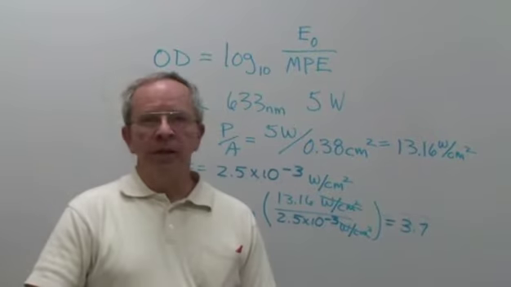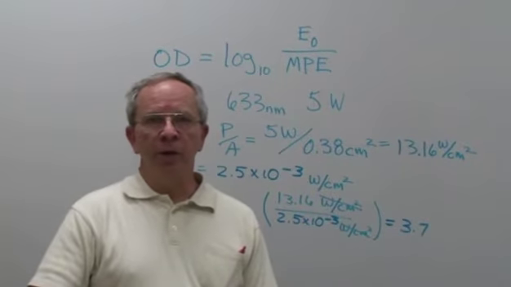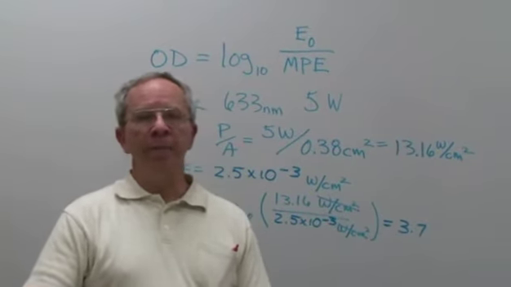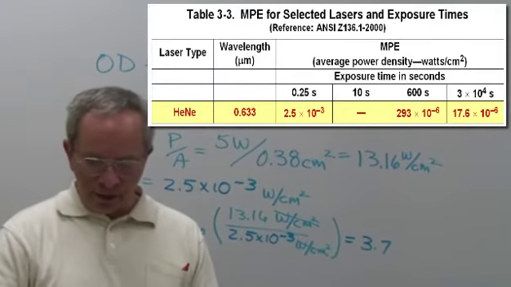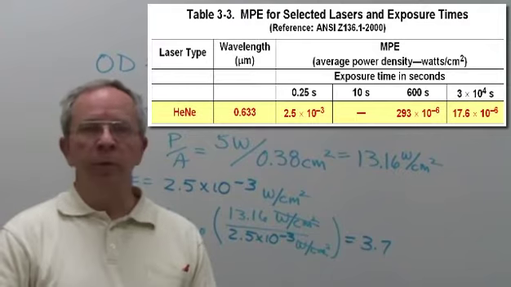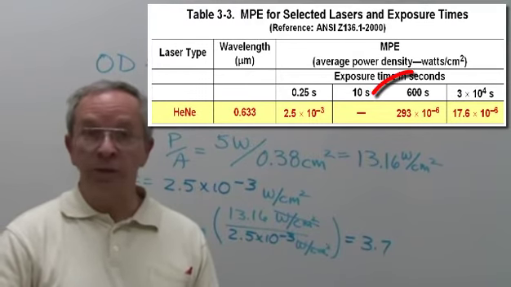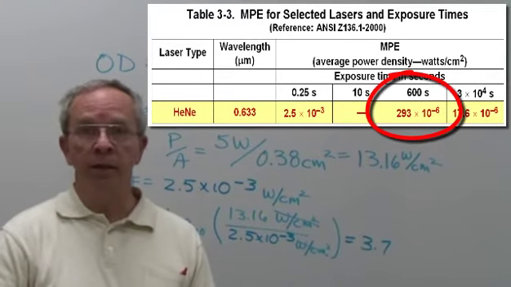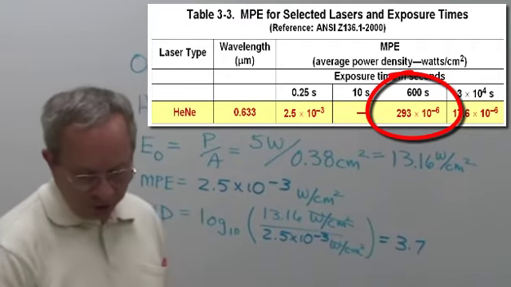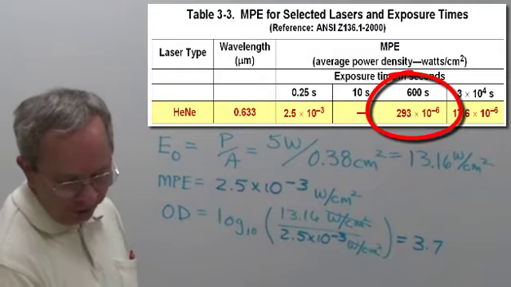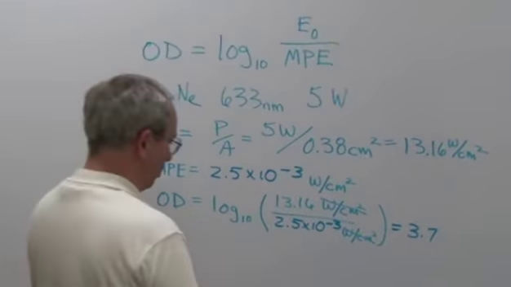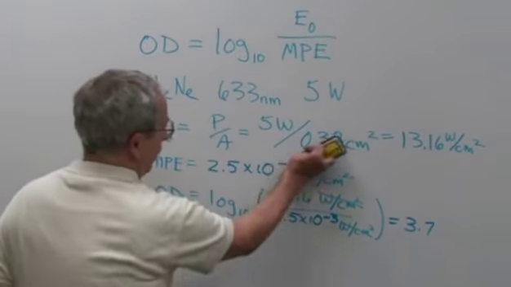Okay, so we've done the optical density calculation for a blink of an eye. What would happen if we had a little longer? Looking back at table 3.3, if we looked at the maximum permissible exposure for 600 seconds, which would be 10 minutes, then we'll see that we can have as much power as 293 times 10 to the minus 6 watts per square centimeter.